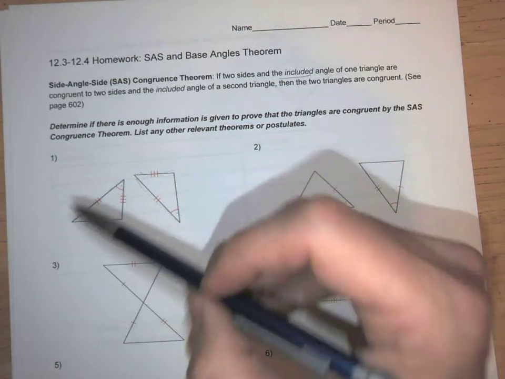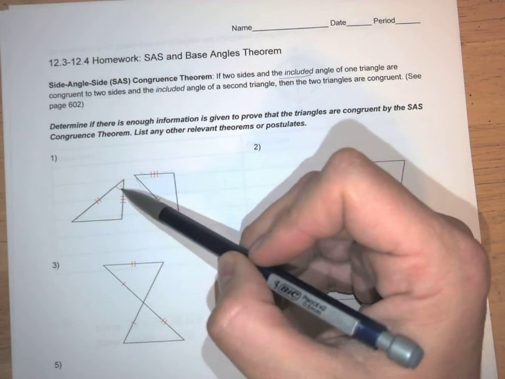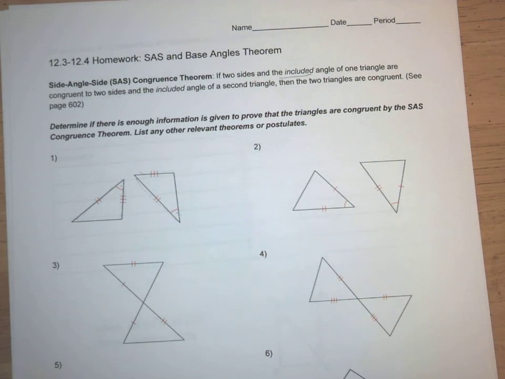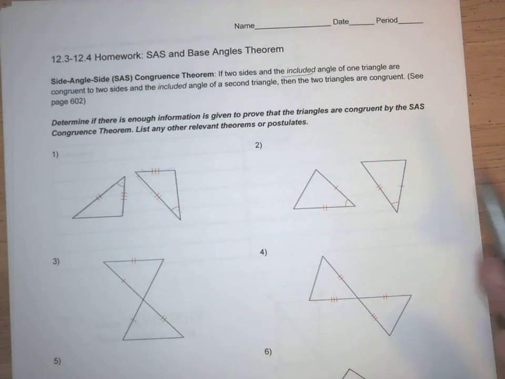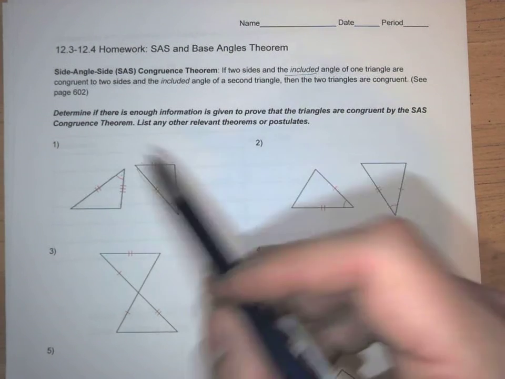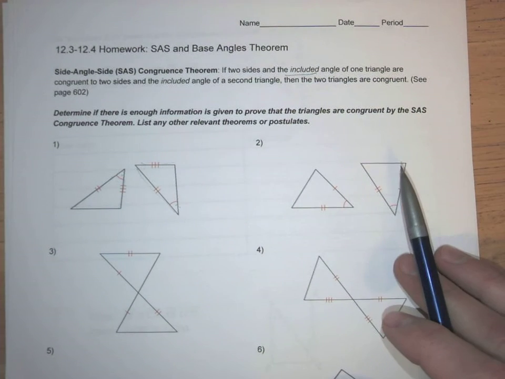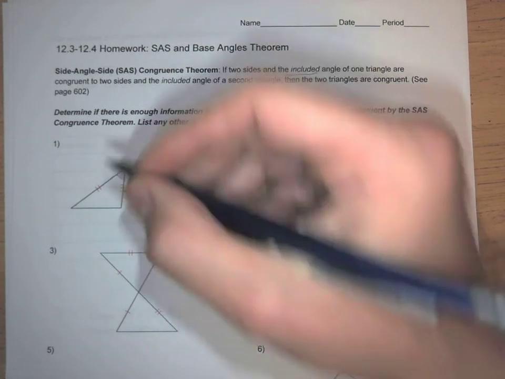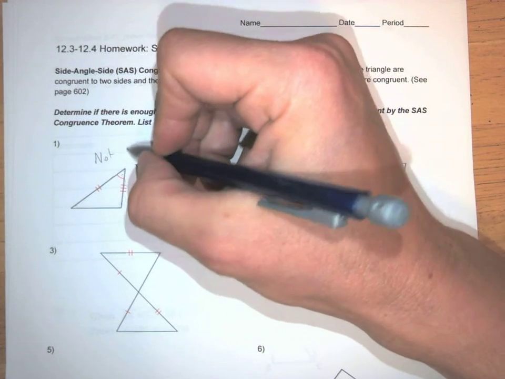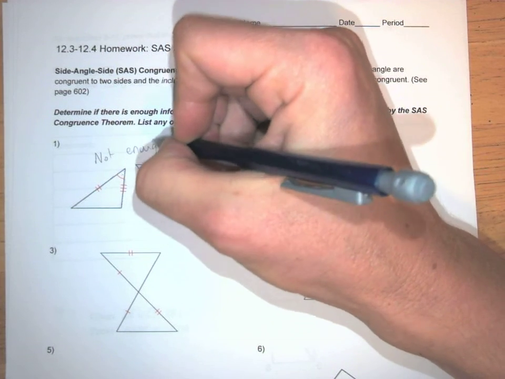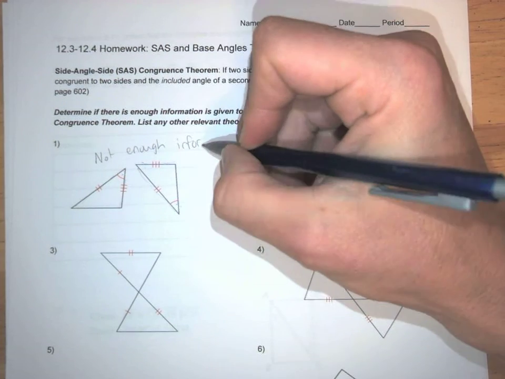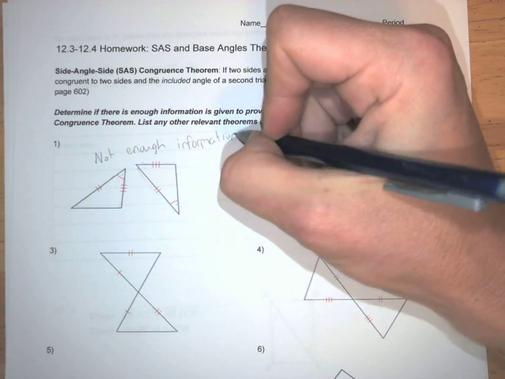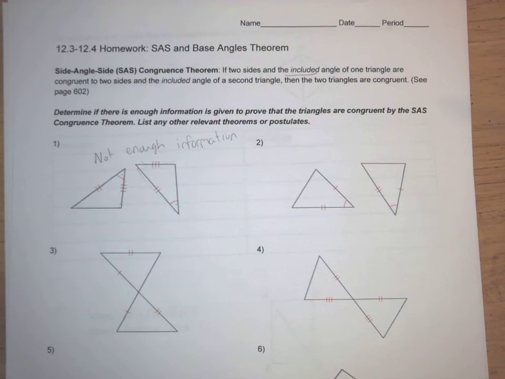So it has to be two sides and an included angle for both triangles in order to say that these triangles are congruent. This doesn't match the setup that I showed you in the last video with that reasoning of saying there's only one way to complete this triangle. So in this case, there is not enough information. It kind of looks like we should be able to say, oh yeah, side angle side, two sides and an angle, two sides and an angle.